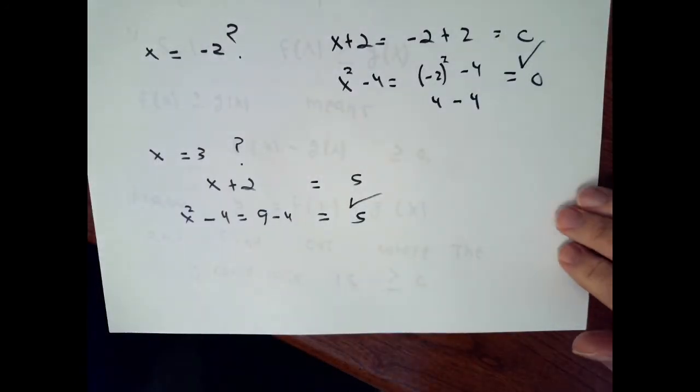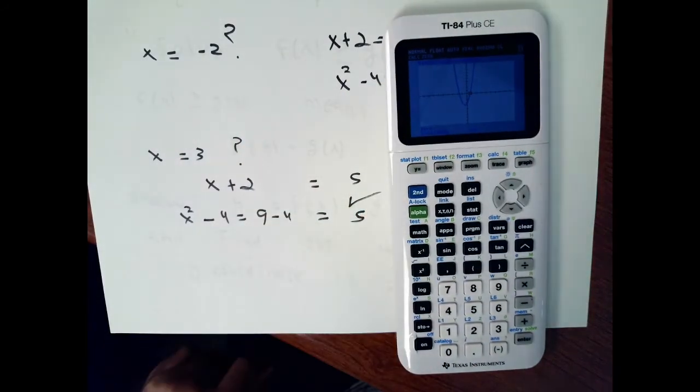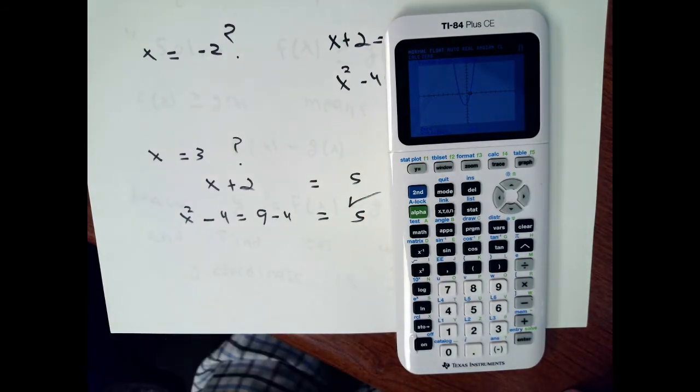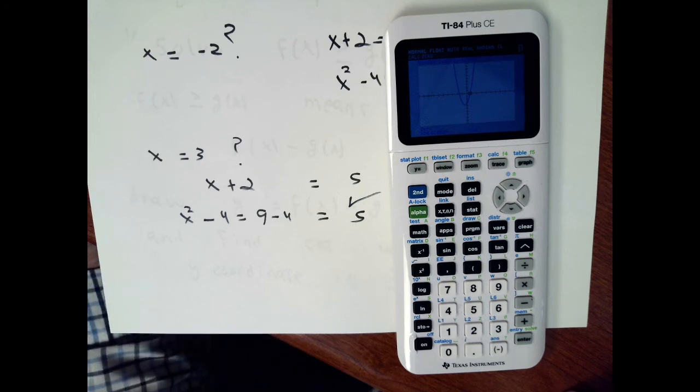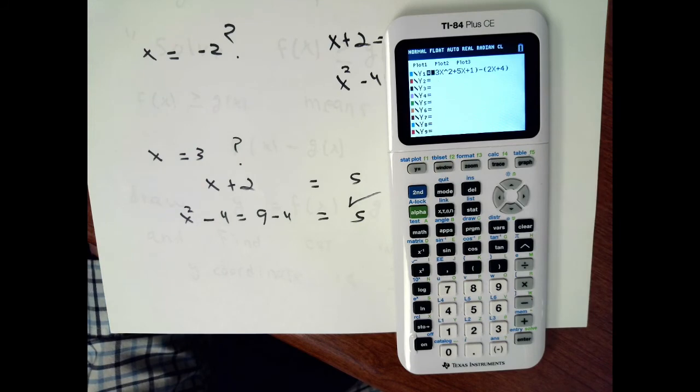As an example of this, I want to solve the equation x plus 2 equals x squared minus 4 using this idea that we just talked about. So I'm going to go into my y equals menu. I get rid of the old stuff with clear.